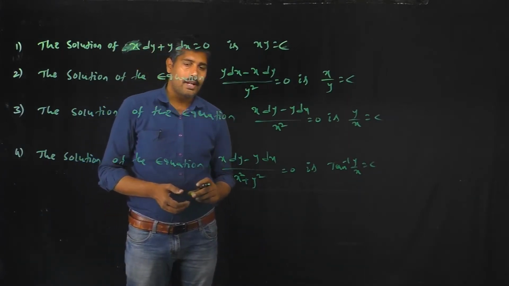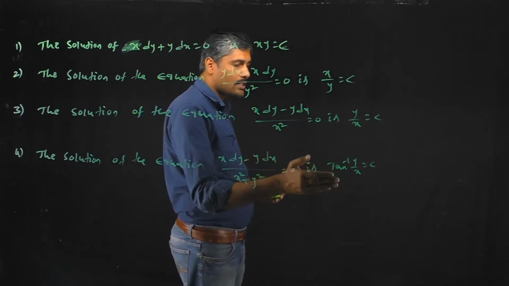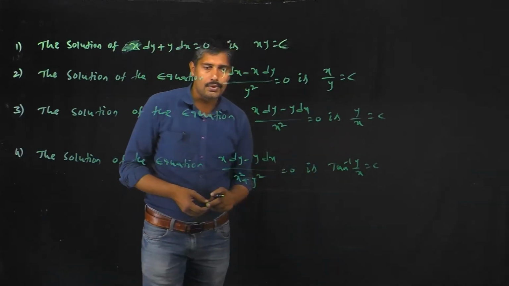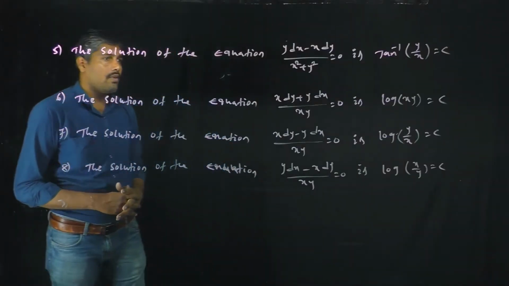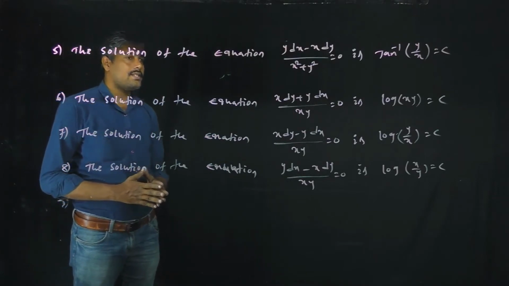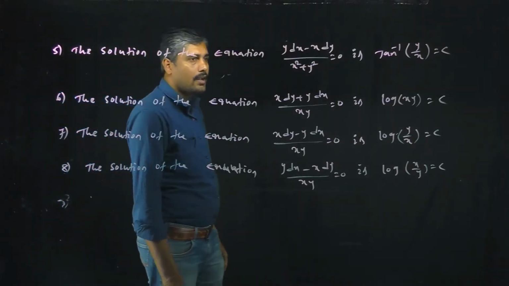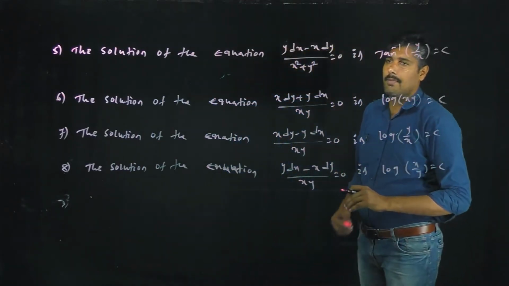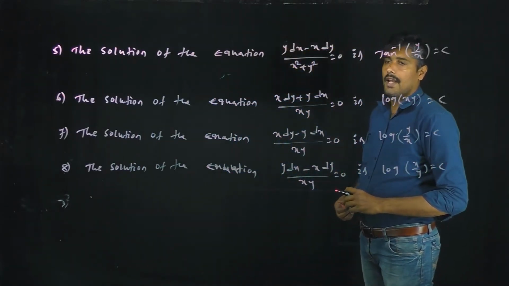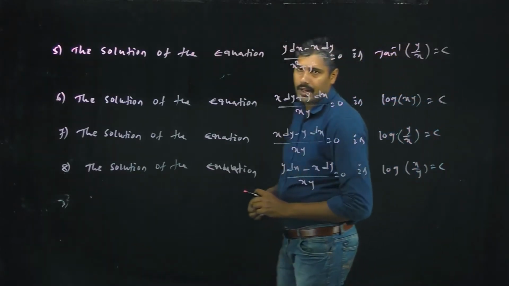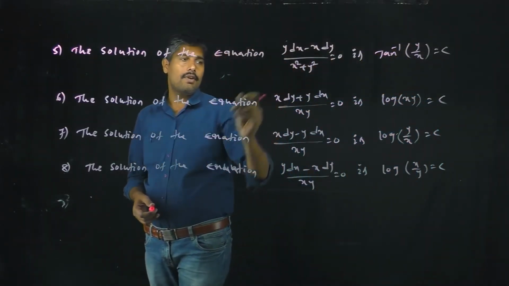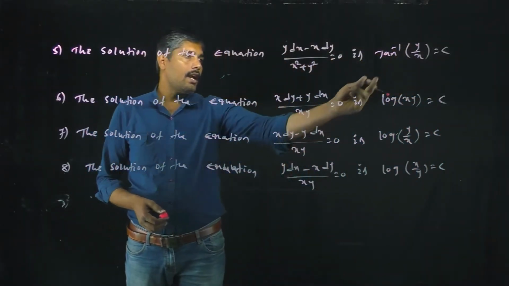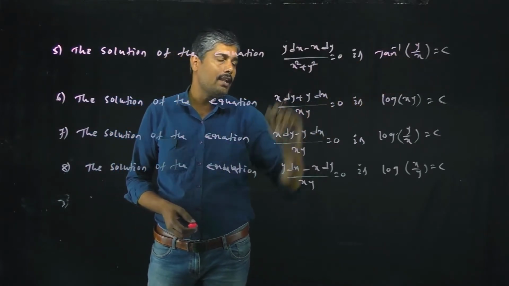Then the solution is tan⁻¹(y/x) = c. The solution of (y dx − x dy)/(x² + y²) = 0 is likewise tan⁻¹(y/x) = c.